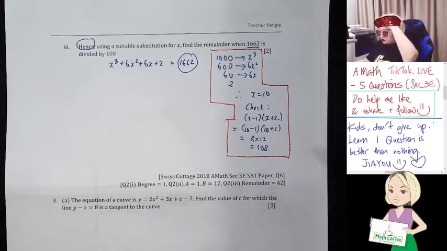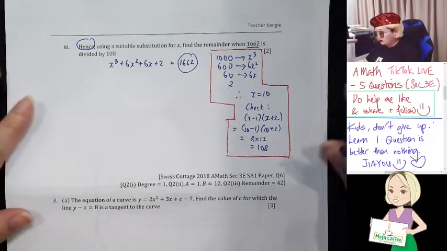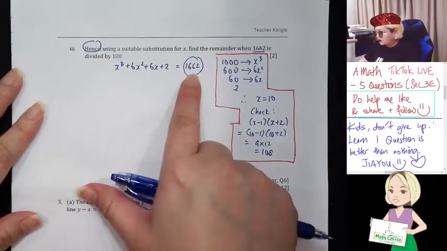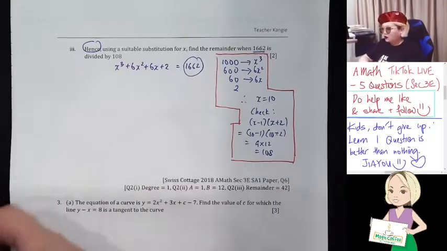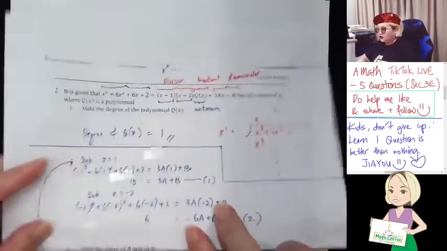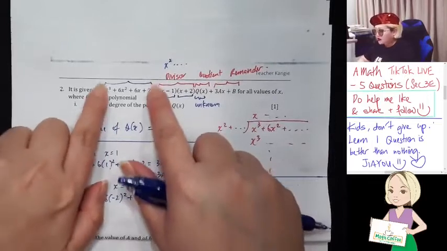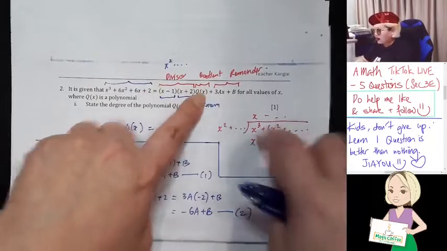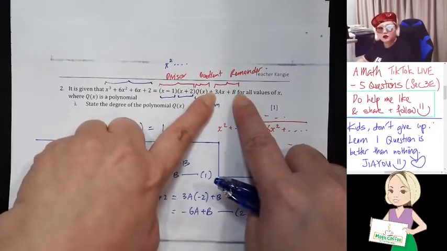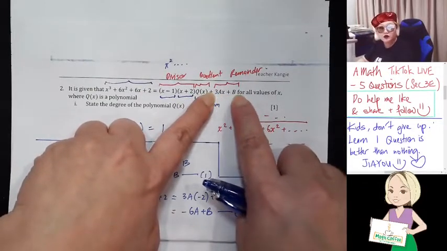So, okay. So 1662, we know that we're going to sub in x equals to 10. So come back to here, they say find the remainder, right? So do you agree that I have proven that this side is 1662, I have proven divisor is 108, the quotient I don't care. Remember this portion I tell you this is the remainder, 3ax plus b is the remainder.